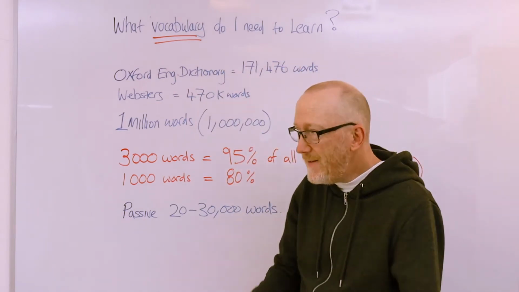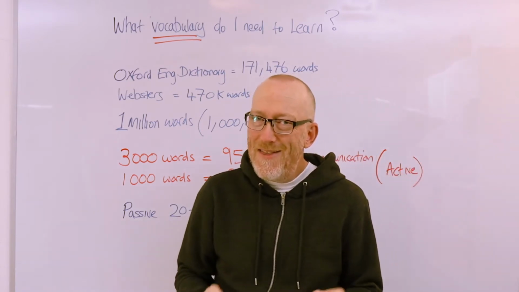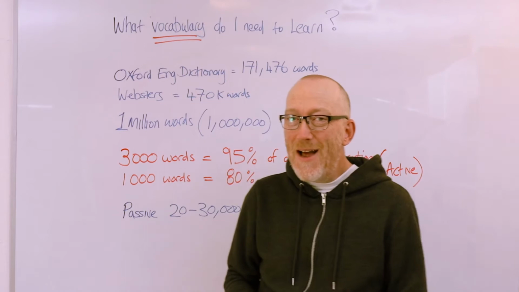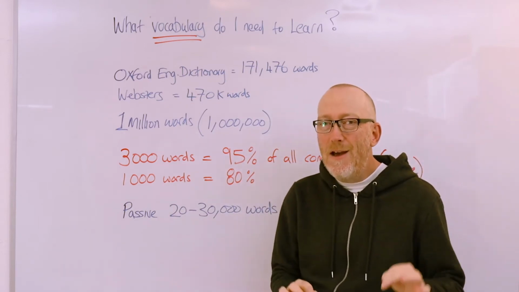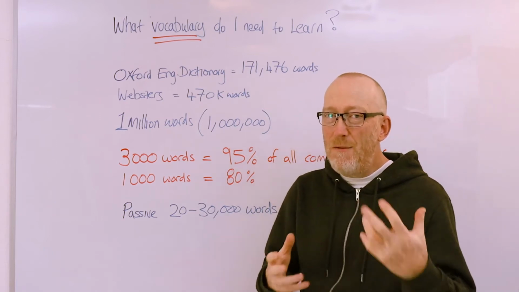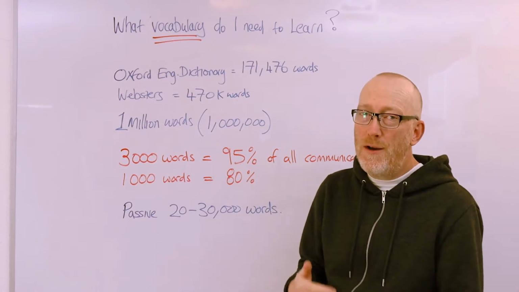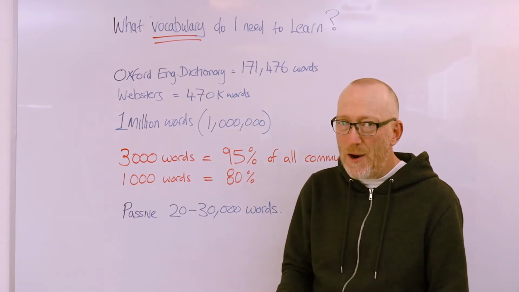So let's take a look first of all at how many words there are in the English language. Now this is not easy to be very precise with because I don't think anybody has actually counted every single word that is used in the English language.